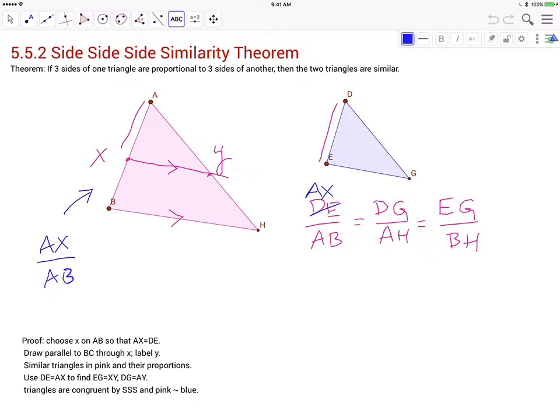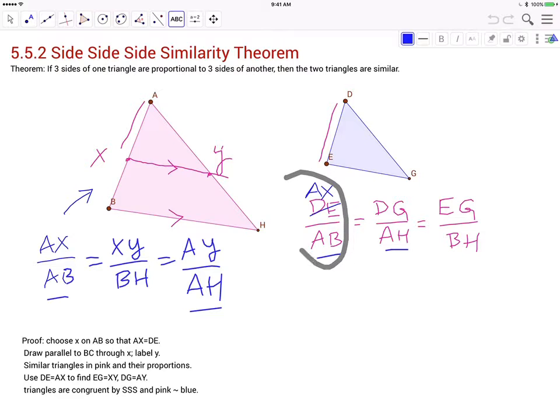AX relates to AB the same way that XY, this is a little bit different, XY relates to BH, is the same way that AY relates to AH. Now you see that there's some similarity. There's an AH over here, an AH here, there's an AB here, and what's interesting, look at that.